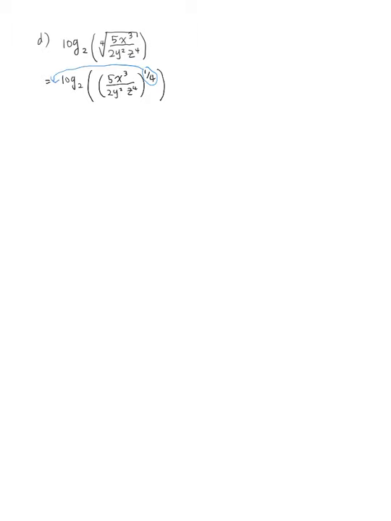So this is going to be 1/4 times the log base 2 of 5x to the 3rd over 2y squared z to the 4th. Okay, looking good. Now I'm going to work on this portion. This is going to be 1/4. Be careful, you need a bracket here.